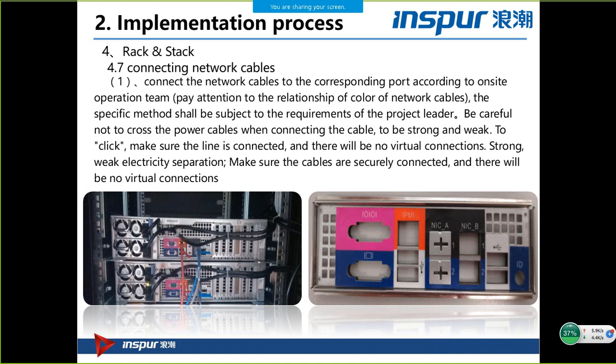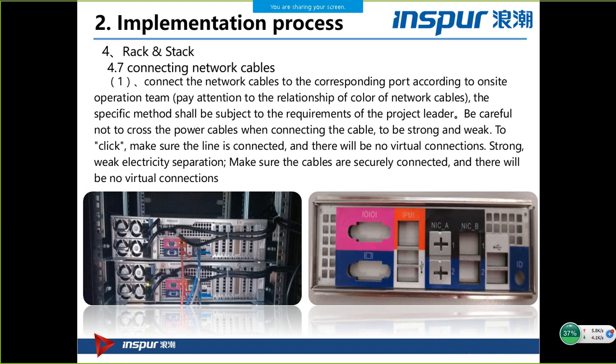And here it's about the network cables. Connect the network cables to the corresponding ports according to the on-site operation team. It means our customer's on-site tech pays attention to the relationship of the color of the network cables.